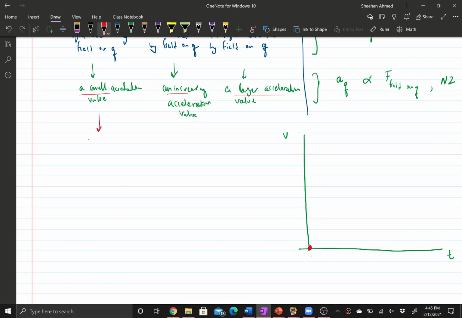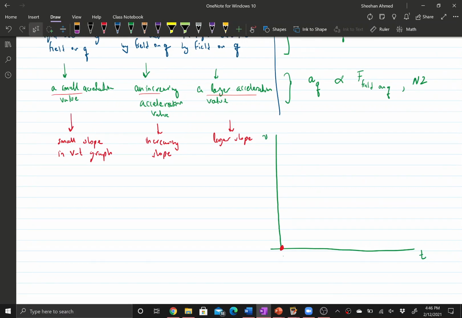Acceleration is the slope, so I can say it's a small slope. Here I can say it's a larger slope in the VT graph. And in the middle, it's an increasing slope. Aha! That gives us all that we need to draw our VT graph.